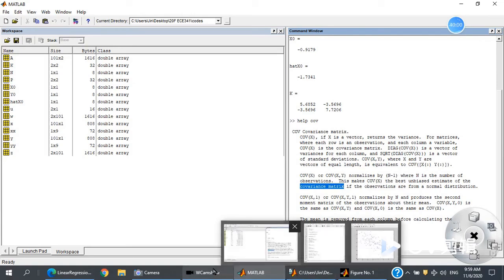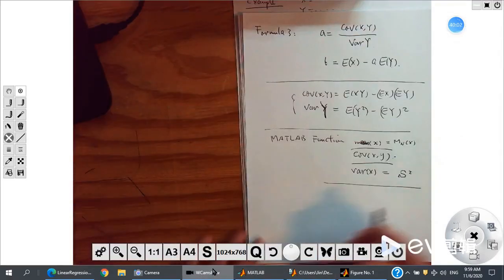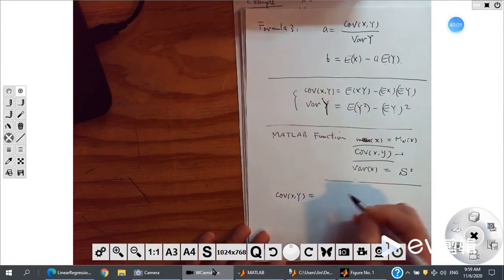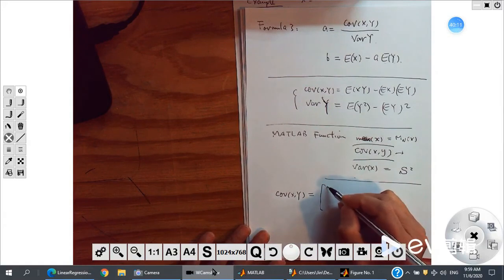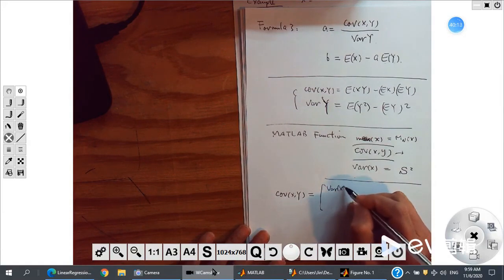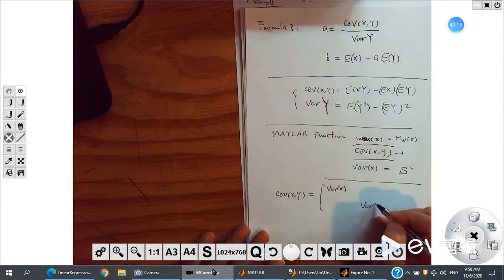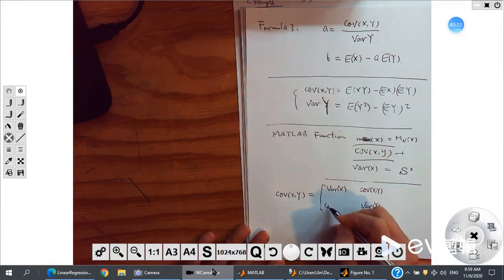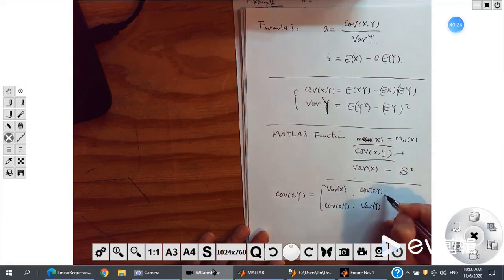Let me write here. Covariance xy equals this: variance of x, variance of y, and here is the covariance of x and y, here is the covariance of xy, like this.